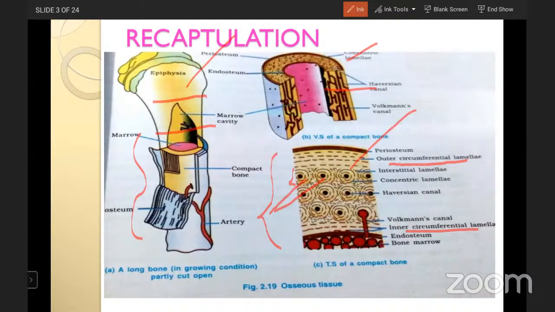And in a Haversian system, the Haversian canal is having a connection of an artery and a vein and lymphatic vessel, and it is having the link with the marrow cavity with the Volkmann's canal. Okay, so these are the parts yesterday we have discussed. I hope you understood. So let's go for the next topic.